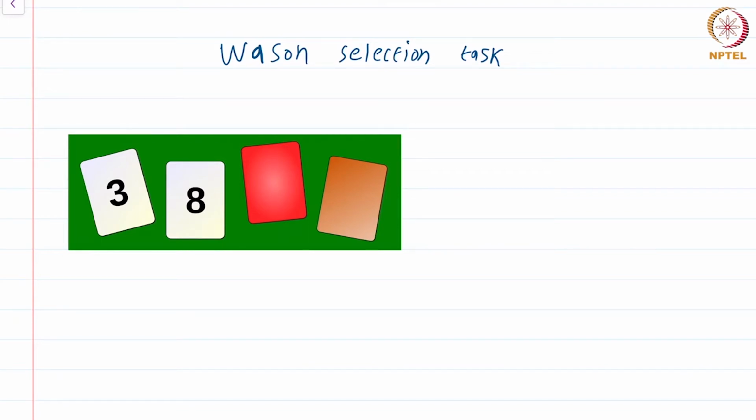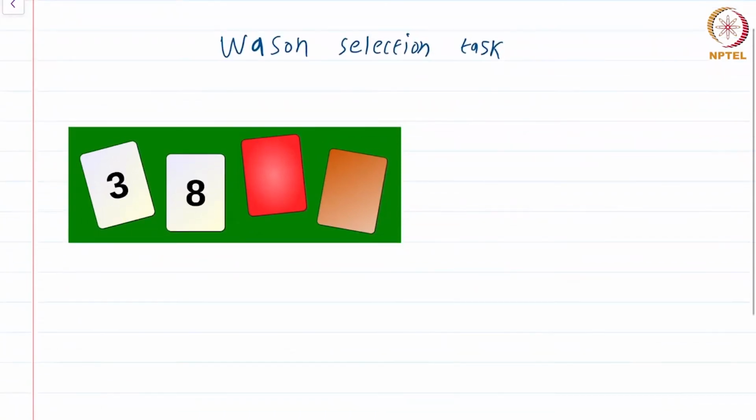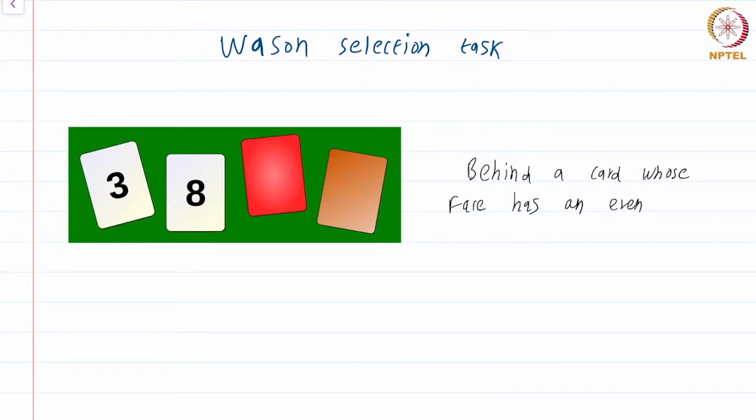Suppose you want to test the following statement. Behind a card whose face has an even number, the face has color red.